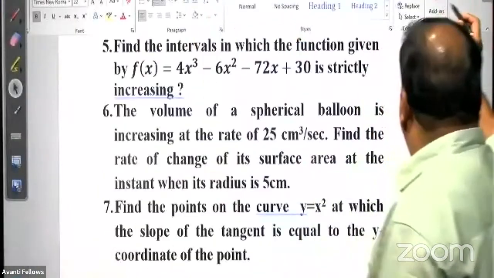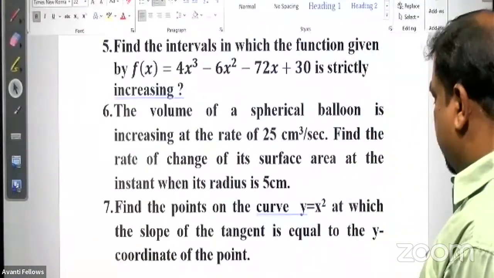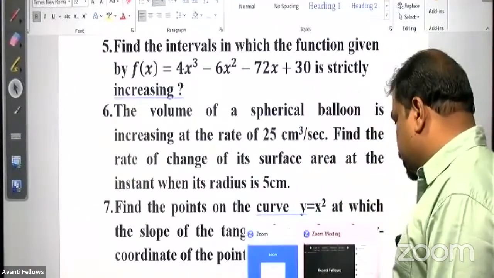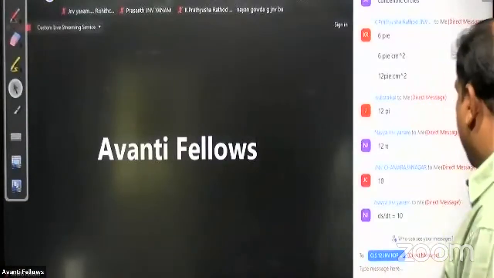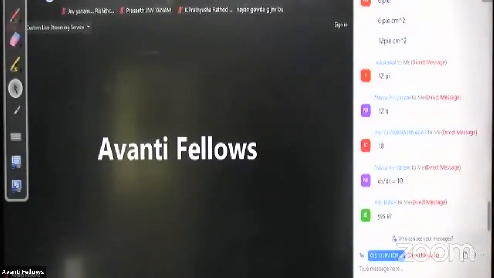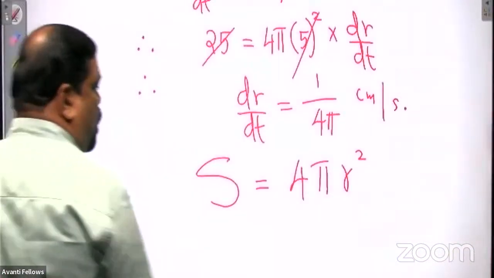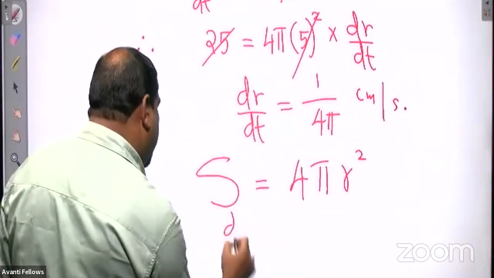Any comments? Okay, some students have got the answer. Good. So let us find dS by dt.